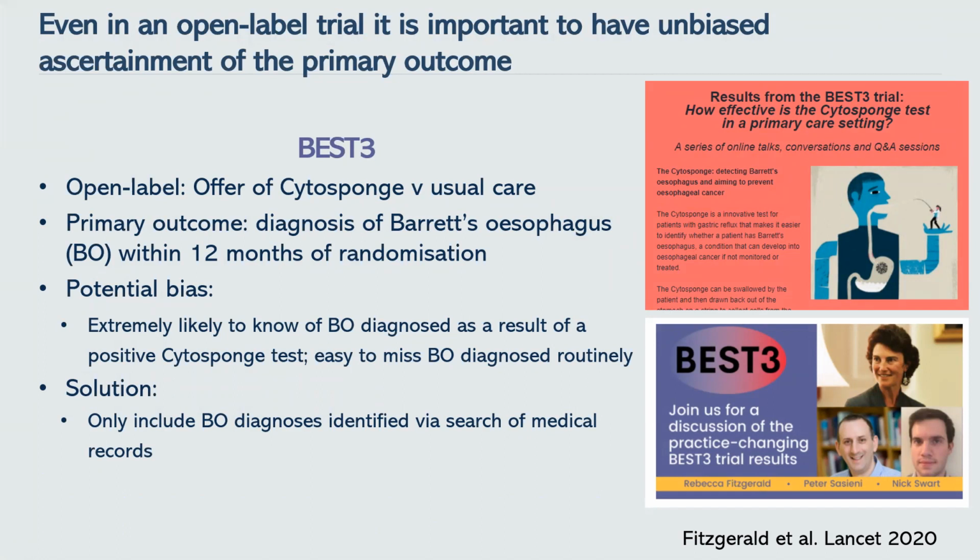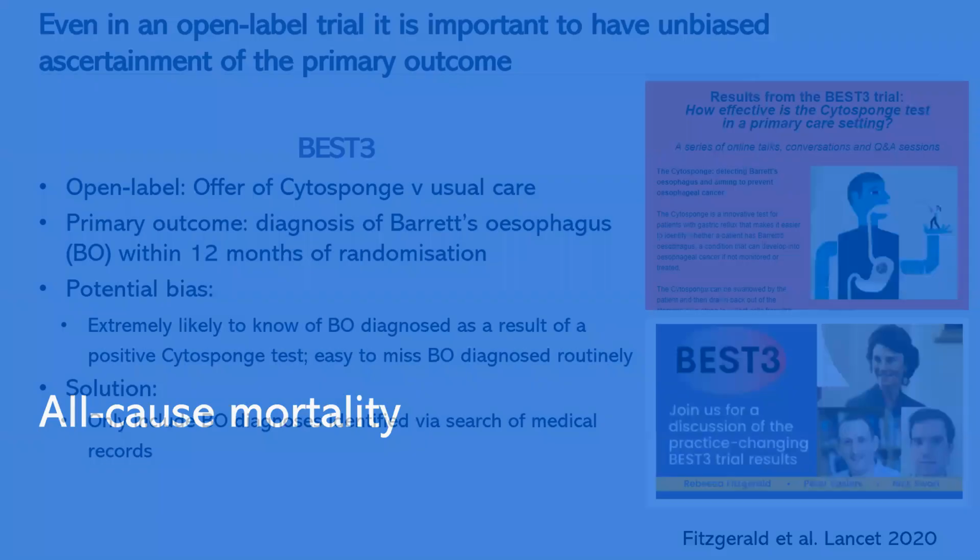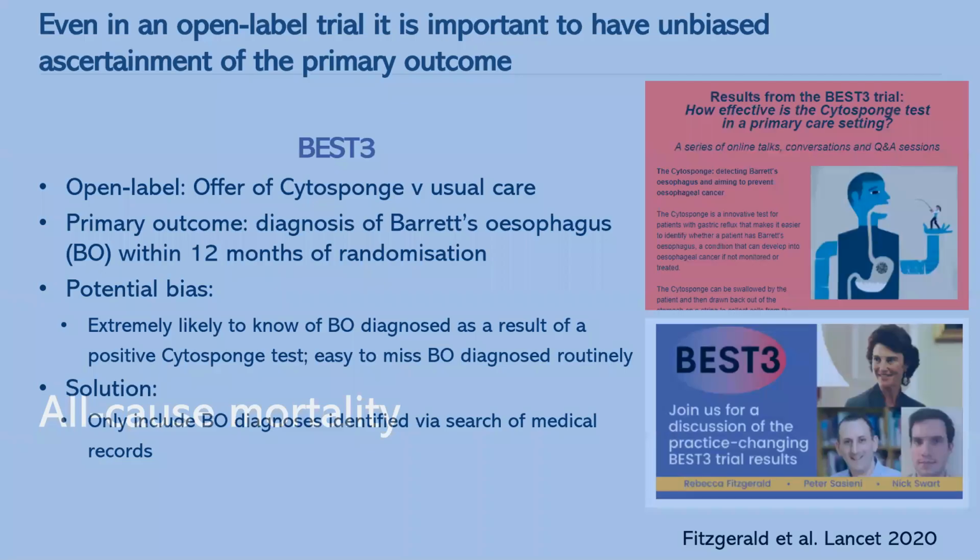Whereas someone who wasn't randomized to the Cytosponge, sometimes later they go off to a hospital which may be slightly outside of the area of the study, have endoscopy, and Barrett's esophagus is diagnosed, but the GP may never enter that result in their records. So we decided we're not going to use every Barrett's esophagus we know about. Instead, we did the same identical searches of the medical records of those people in both arms.